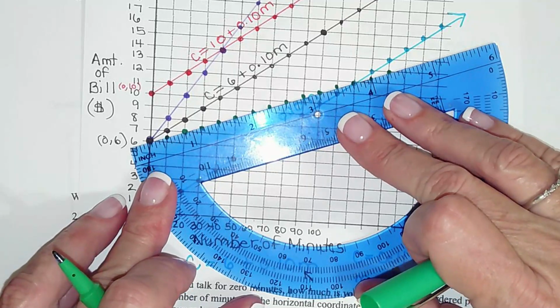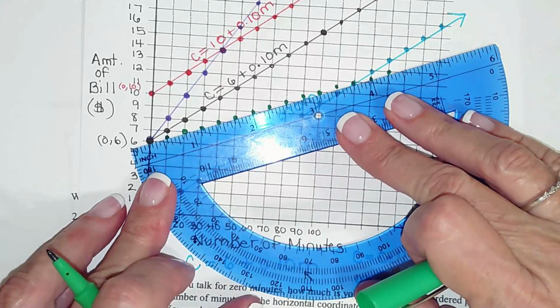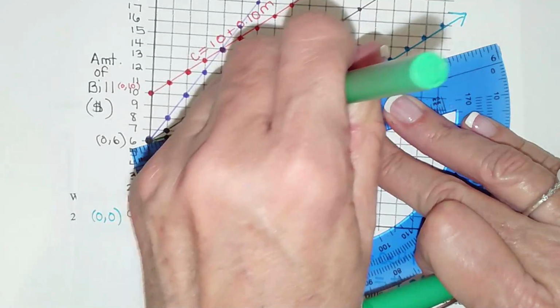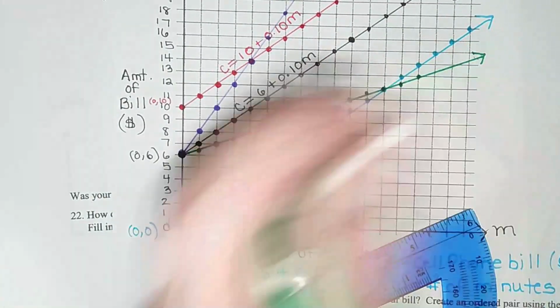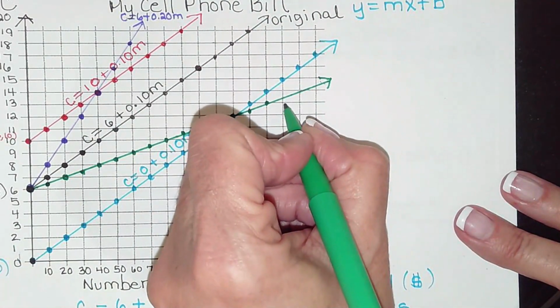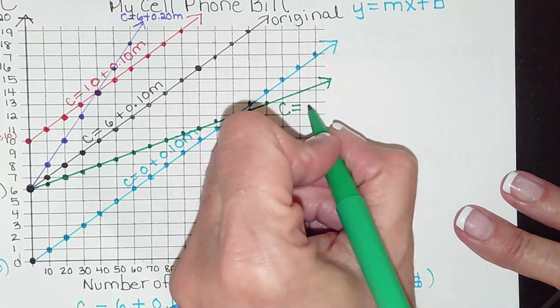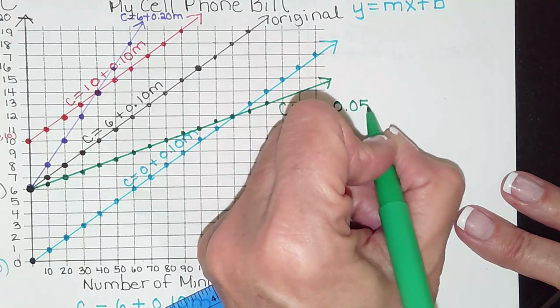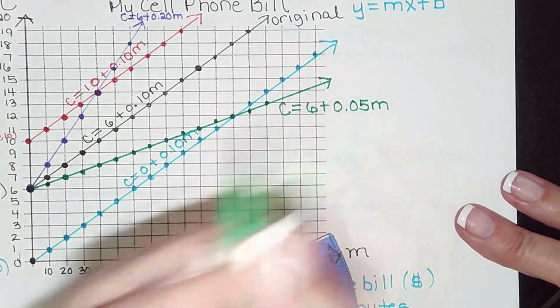And so we start at the y-axis and go all the way to the end of the graph. And then we can label that one as C equals $6 plus 5 cents per minute.